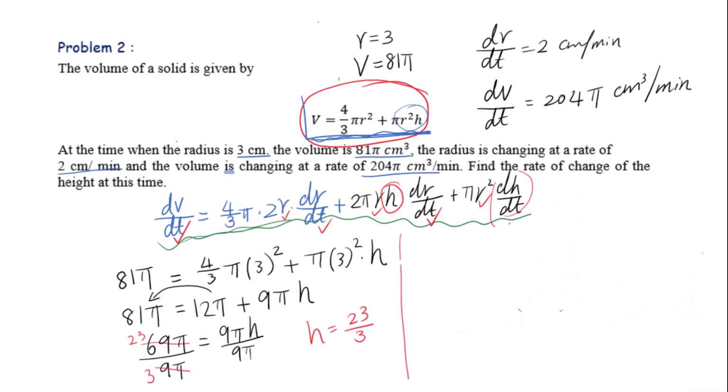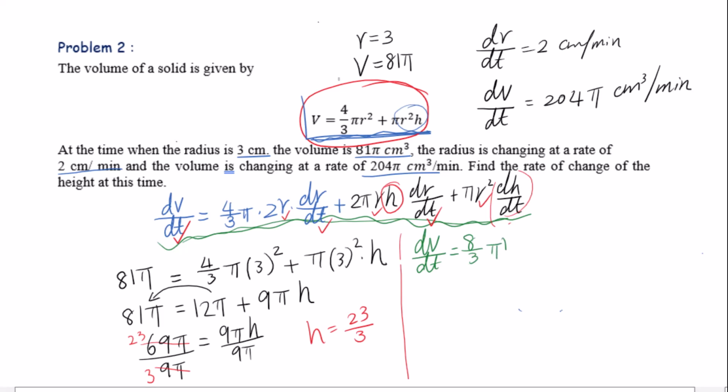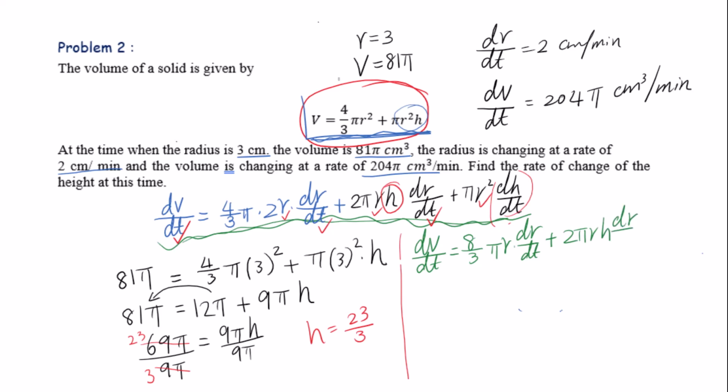Simplify this equation. dV/dt equals 8 over 3 pi r dr/dt plus 2 pi r h dr/dt plus pi r squared times dh/dt.